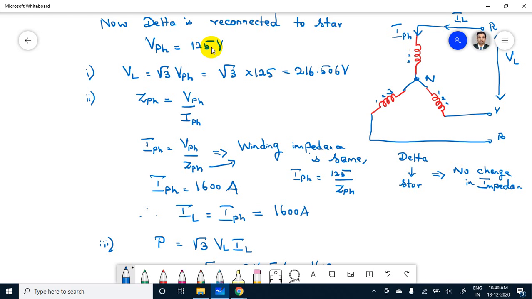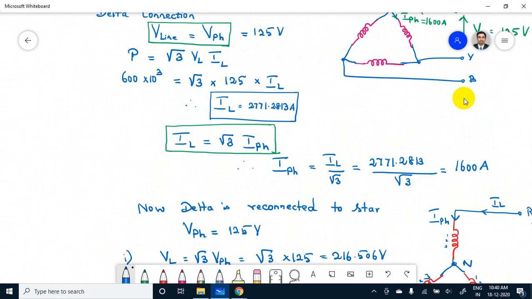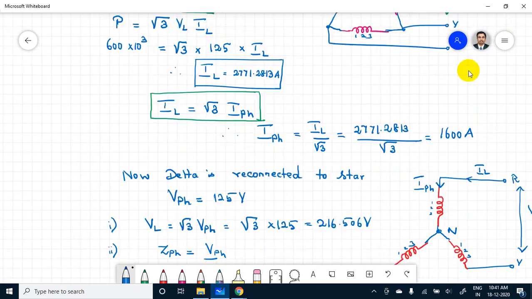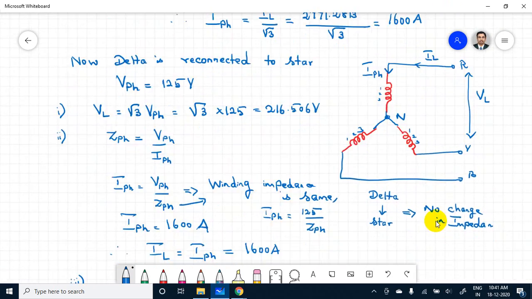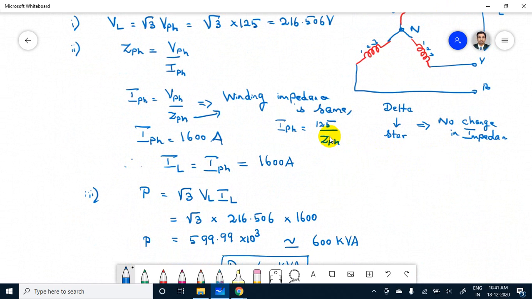The number of turns in all three phases is the same in star. Now go to your diagram of delta. Here also in delta 1, 2, 3, 1, 2, 3, 1, 2, 3. All are the same. Because of the similar windings in star and delta, the impedance value will be the same.